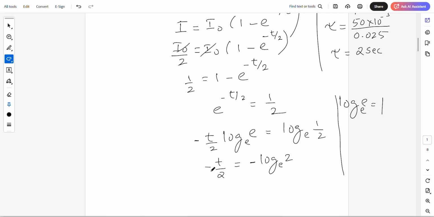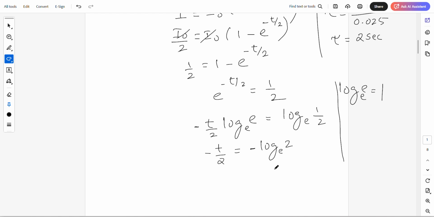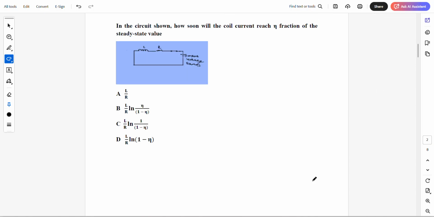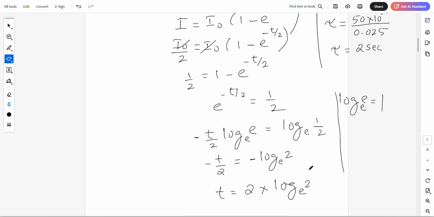The minus signs cancel, so t is equal to 2 into log of 2 to base e. The value of log of 2 to base e is 0.69.